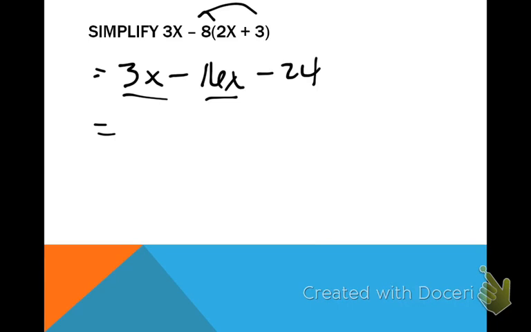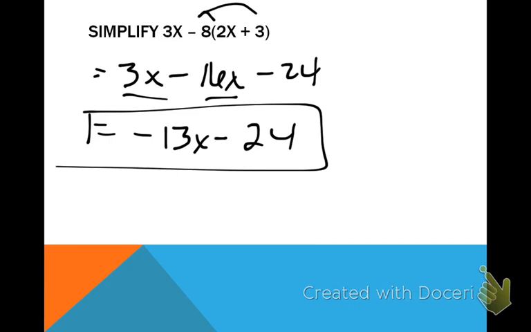And what do you get? Negative 13x minus 24. Then what? Anything? Yeah, that should be it, right there. We are going to continue to work on simplifying a little bit. Just make sure you take that minus sign with the 8 as a negative. But yeah, good.